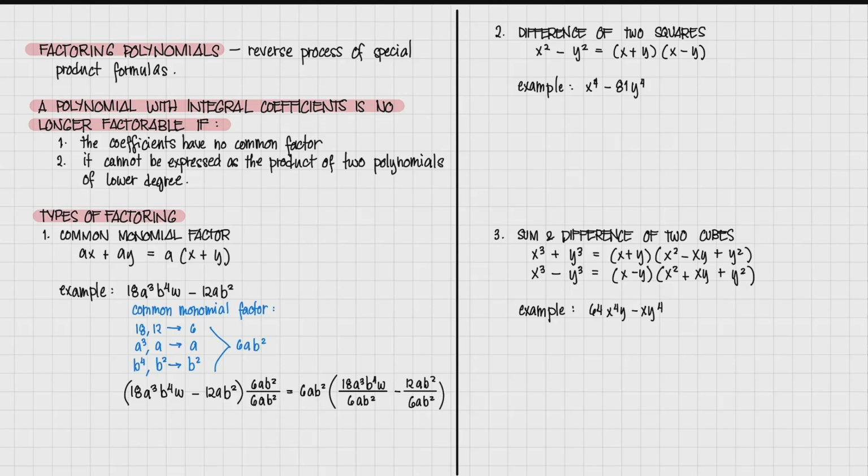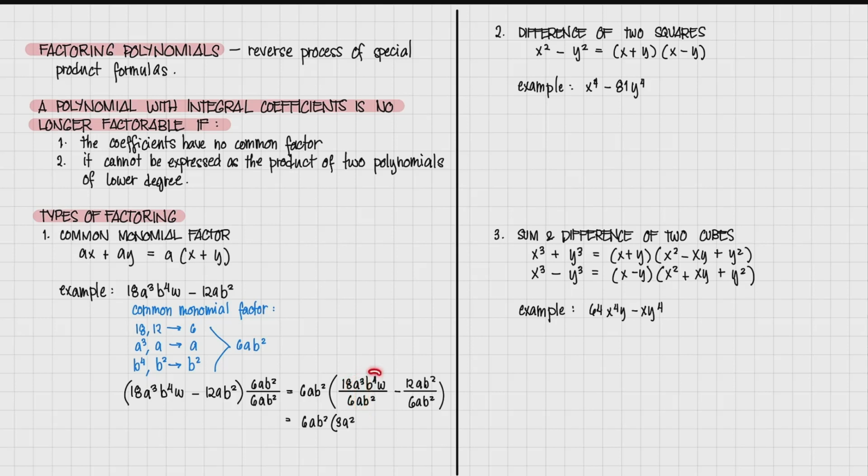Simplifying this further, we have here 6ab squared. 18 divided by 6, we get 3. A cubed divided by a, you get a squared.